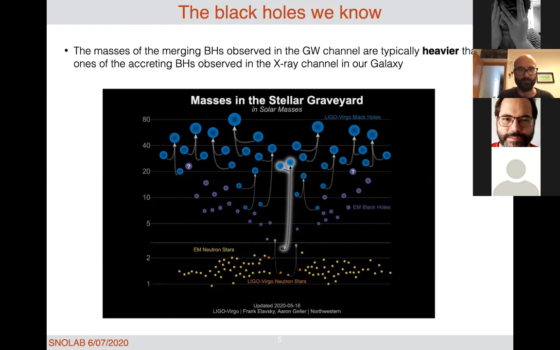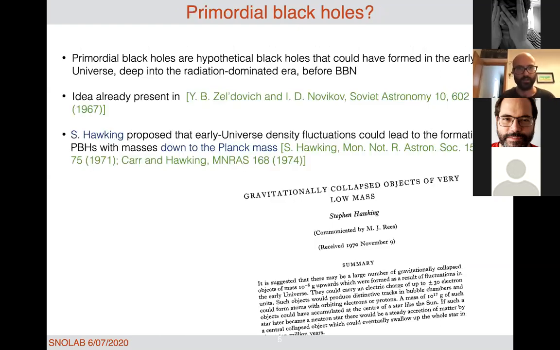This was maybe not unexpected, but still not obvious at all. The existence of black holes with a mass as large as 40 times the mass of the sun was not obvious at all before this discovery. And so there is a debate in the community whether the origin of these black holes is astrophysical or maybe a different one, as I will see in a moment.